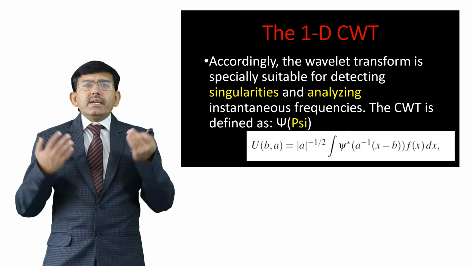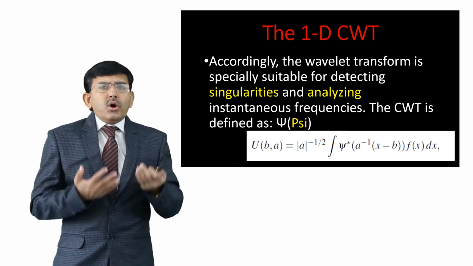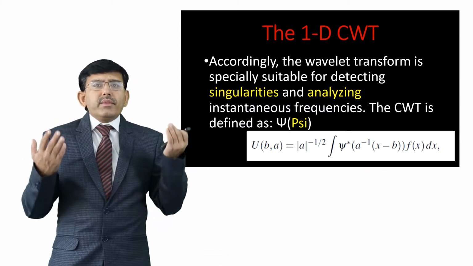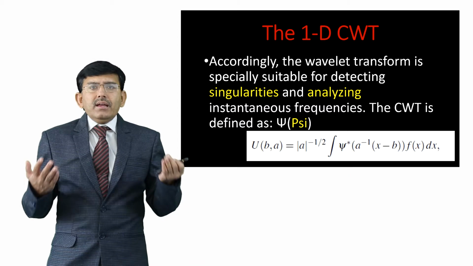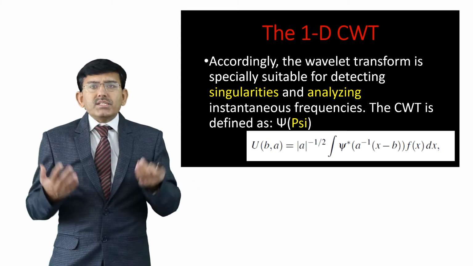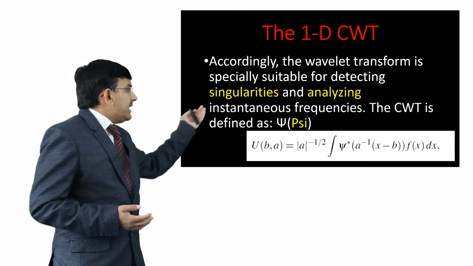The CWT is defined as psi u of b, a equal to mod of a raised to 1 by 2 integral psi to the power a minus 1 (x minus b) into f of x dx.